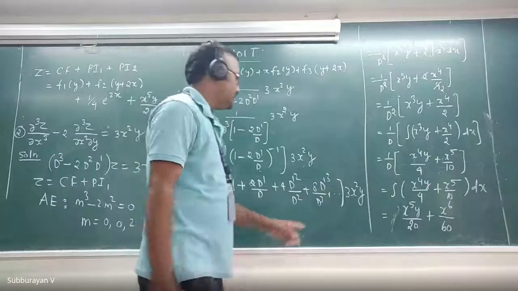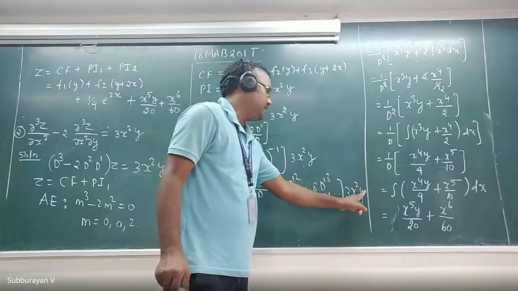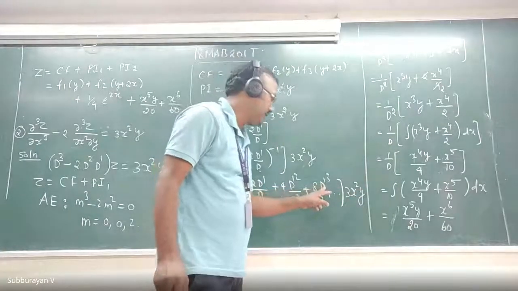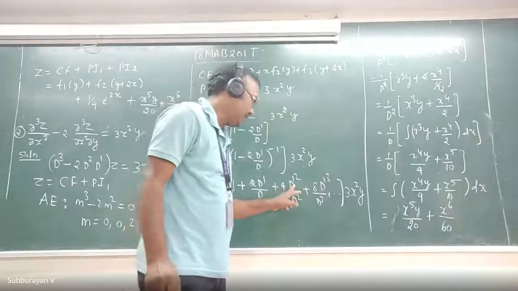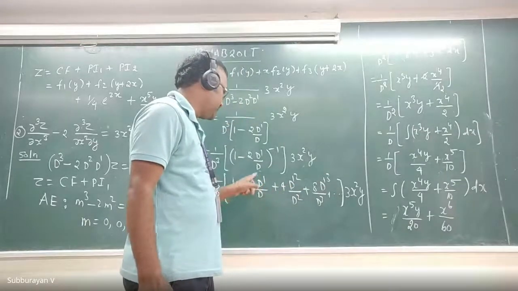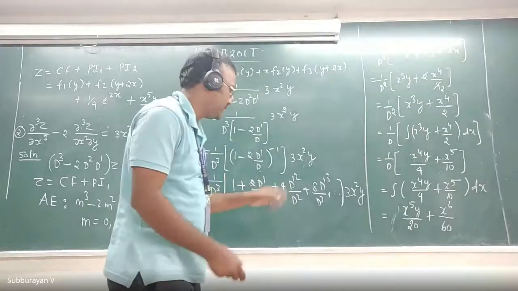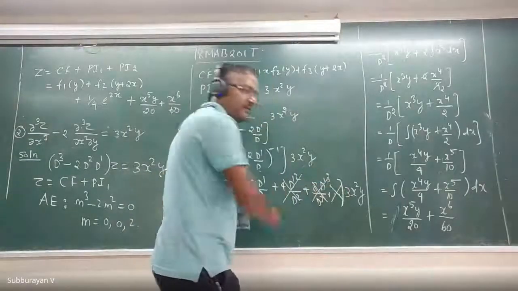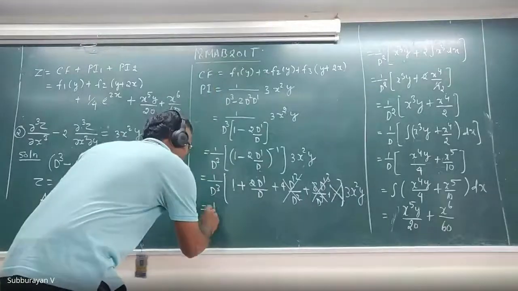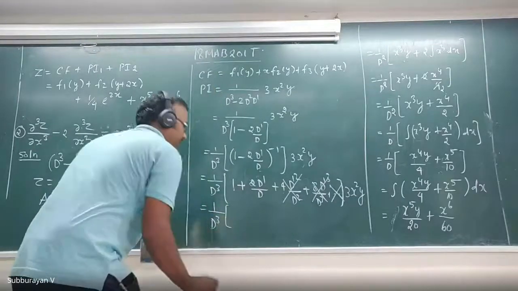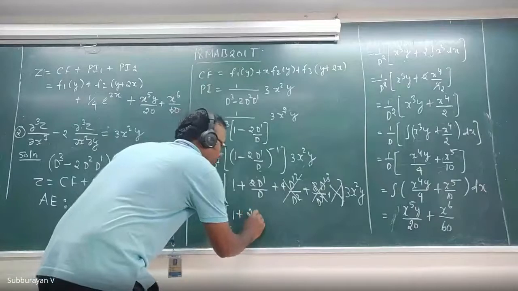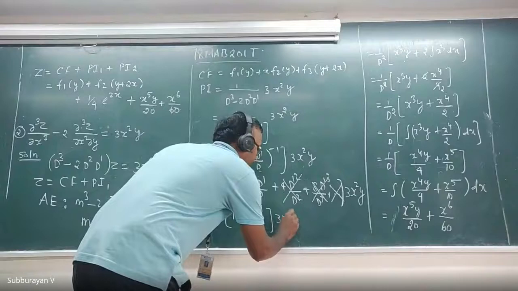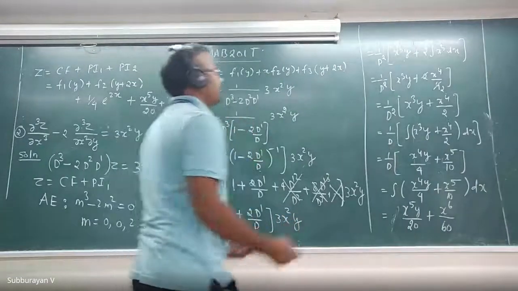As I told you, this is a first degree polynomial in y. Therefore this will not contribute anything, and this will not contribute anything, whereas this will give you only the constant term. Therefore I can neglect this and the rest of the terms. So this is equal to 1/D³ into (1 + 2D′/D) into 3x²y.